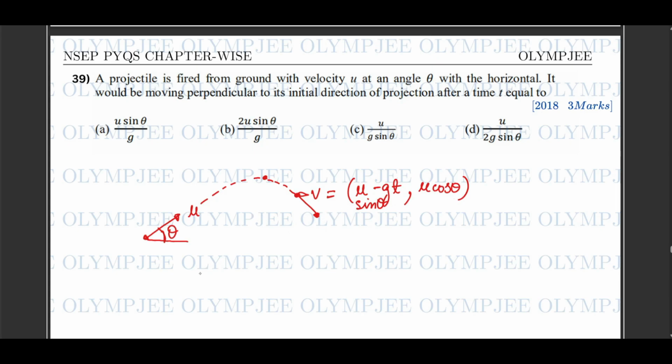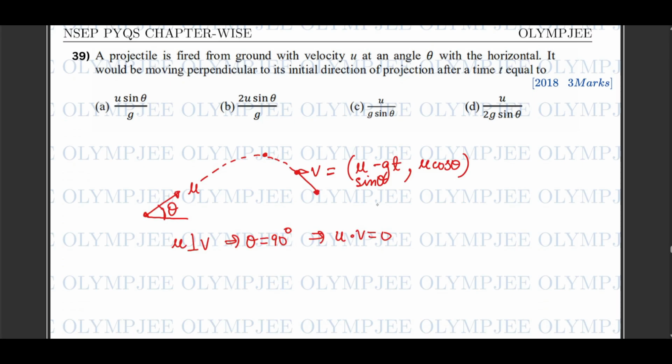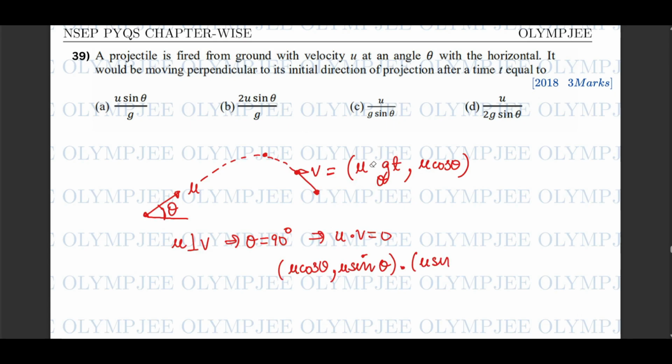So we know that u is perpendicular to v, so the angle between them is 90 degrees. That implies the dot product should be 0. Sorry, I took the velocity wrong.